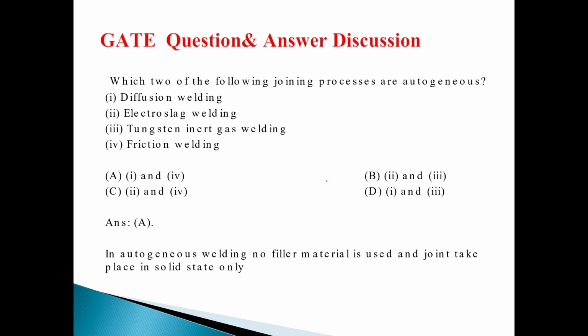Which of the following joining processes are autogenous? Diffusion welding, electroslag welding, tungsten inert gas welding, friction welding. In autogenous welding, no filler material is used and the joint takes place in solid state only.